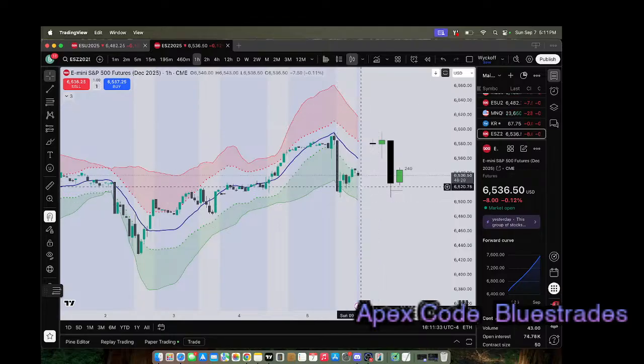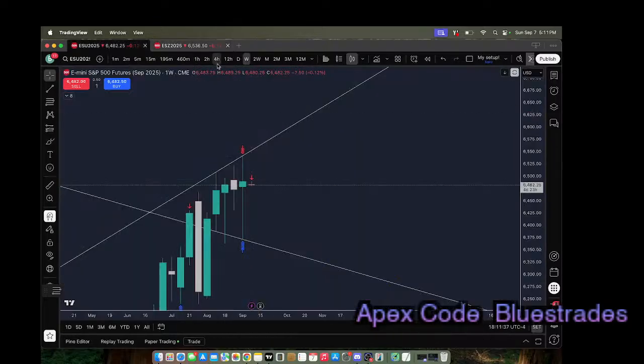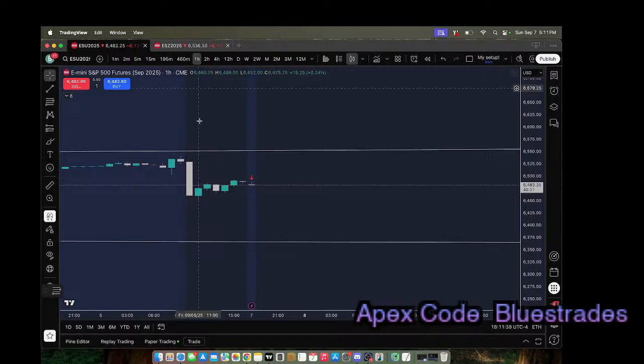So yeah, just kind of stuck right there in that range. If we go back over to, yep. So there's your mother bar range here on the September contract here, from 65.29 down to about 64.60.